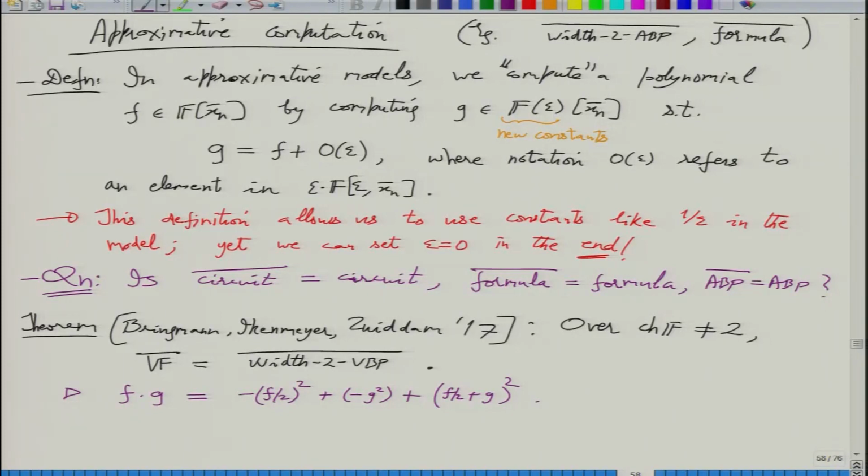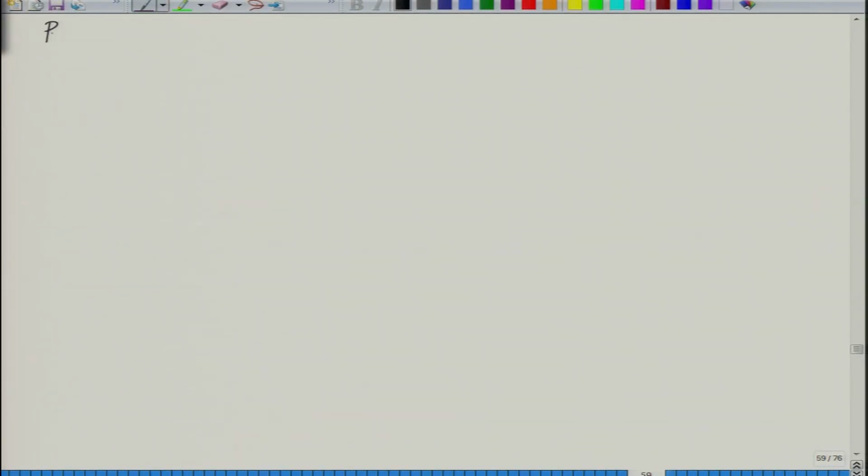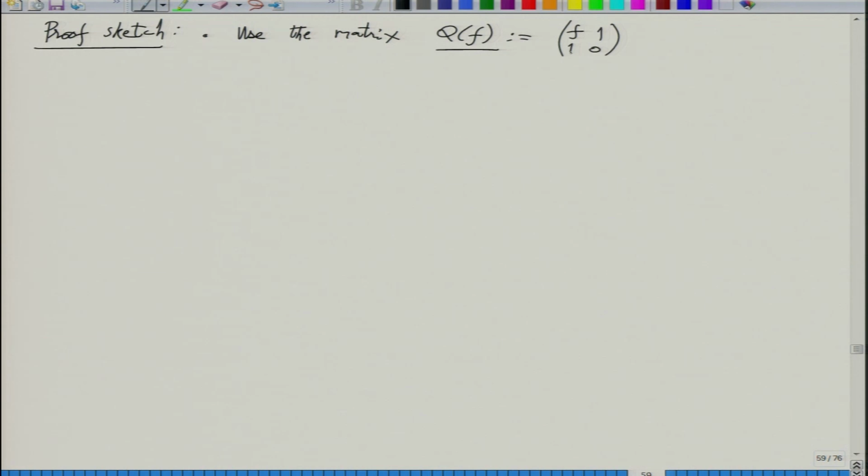Okay, so let us, or proof sketch. So use the matrix QF. So when we think of polynomial f, the matrix version will be this matrix.